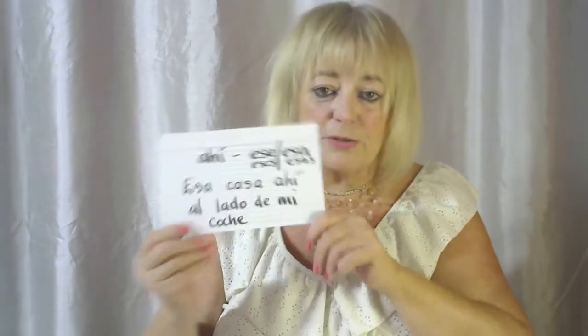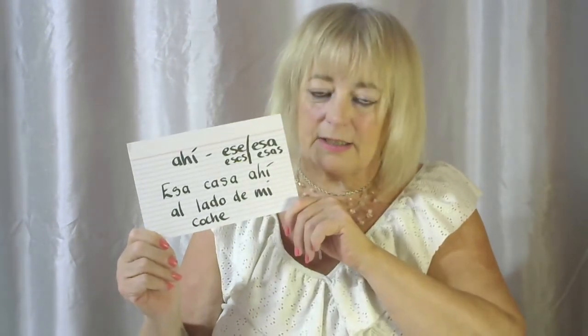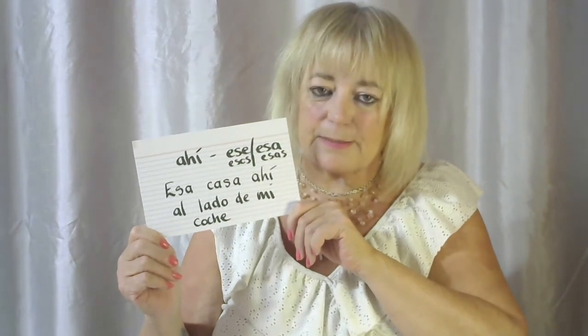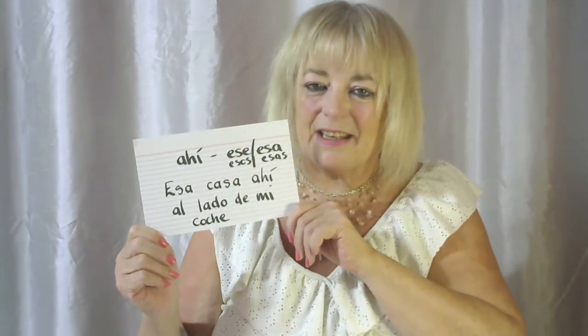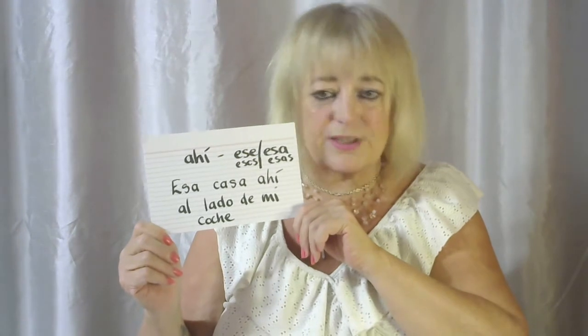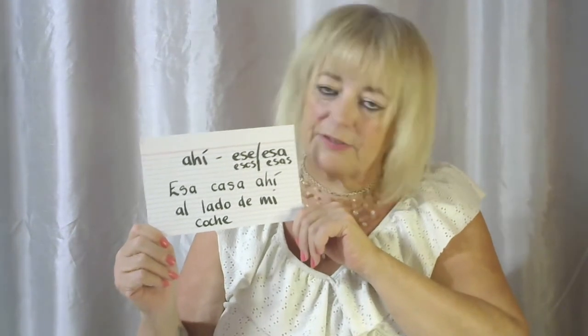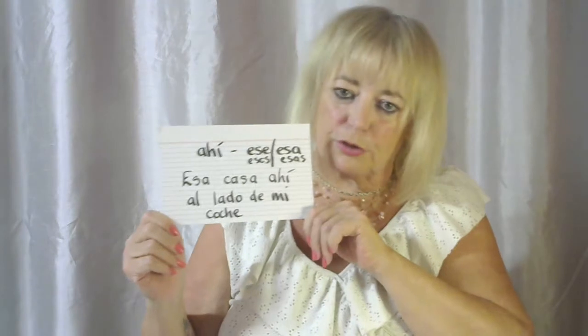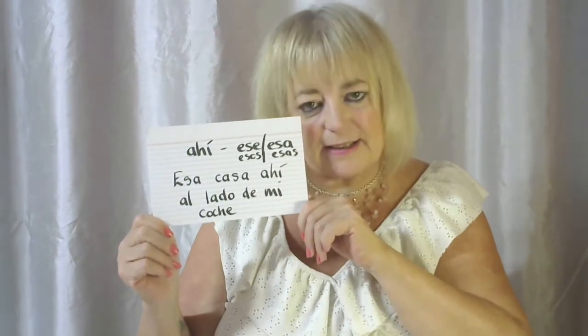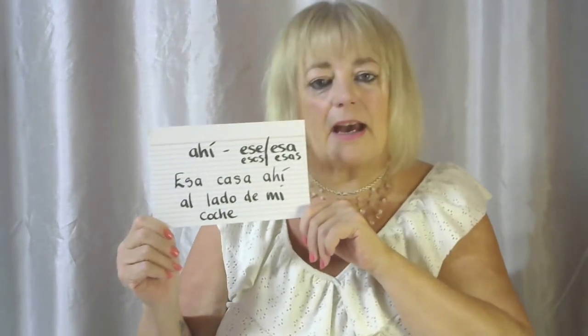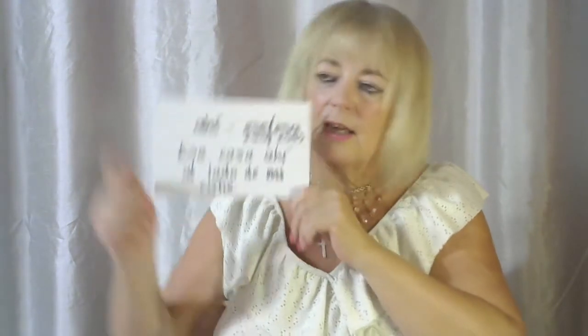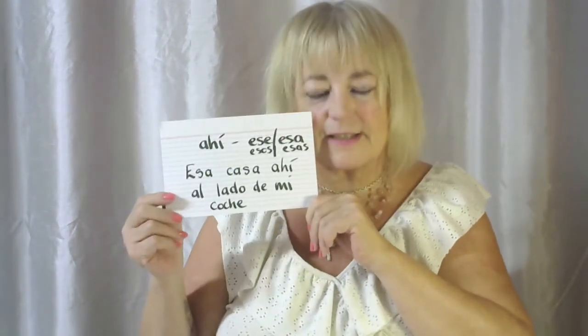Whereas going with the one that's a little bit further away, we use that. And the way we say that in Spanish is ese, esa, esos, esas, depending if it's masculine, feminine, singular or plural. Esa casa ahí, al lado de mi coche. That house there at the side of my car.